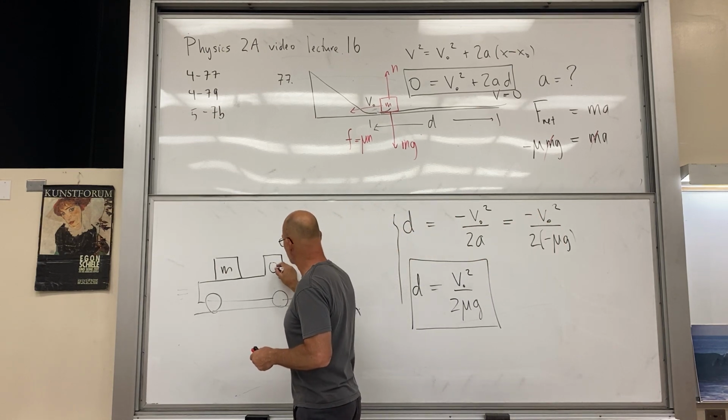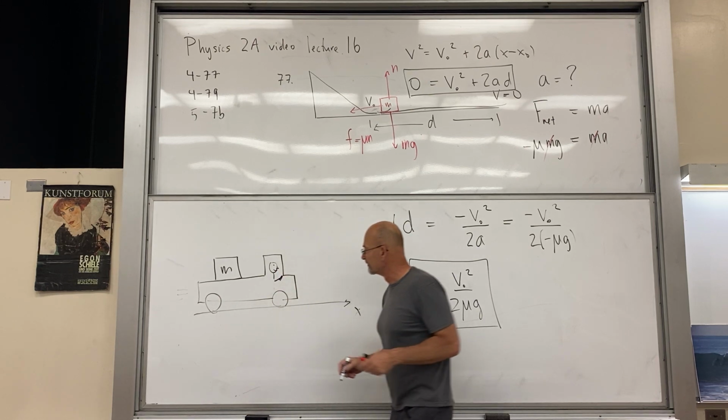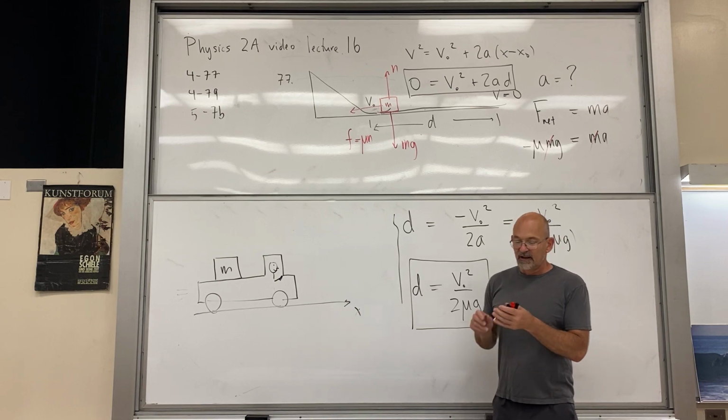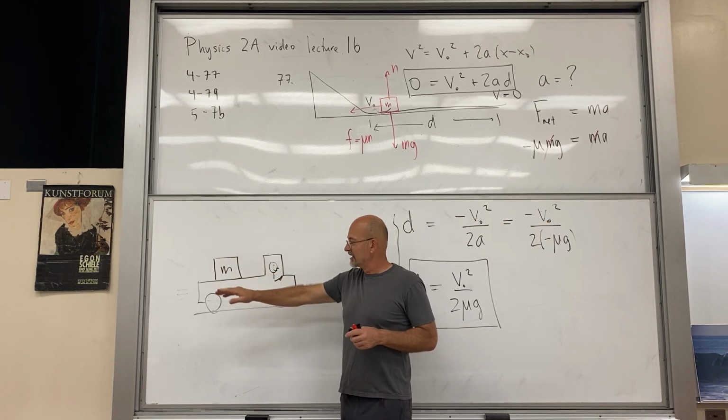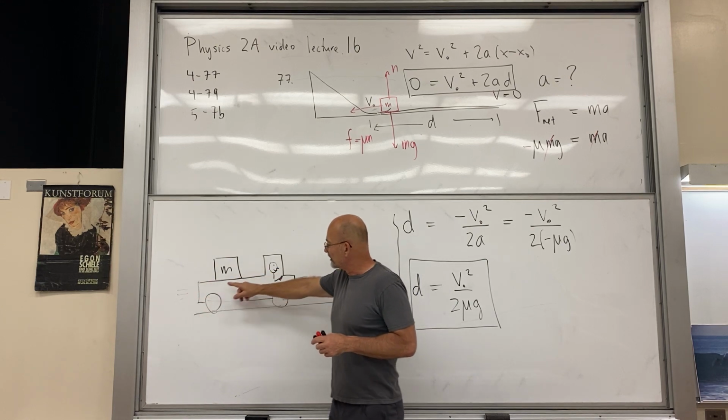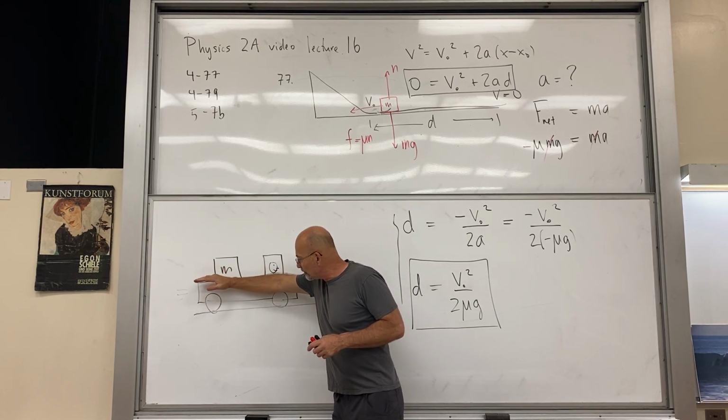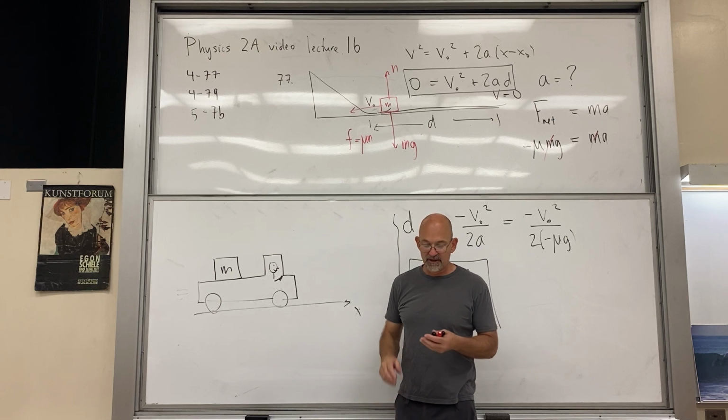There's someone sitting in there driving the truck. That's all I'm doing. Here's the thing. We're only interested in the forces on this crate. And as a flatbed, what's actually making the crate move forwards is friction.